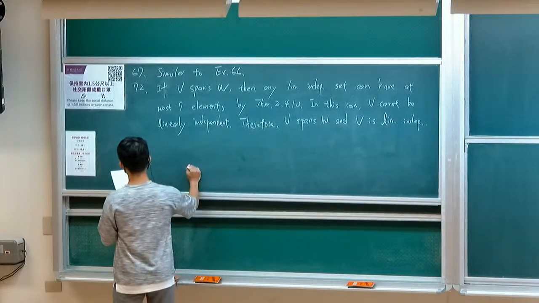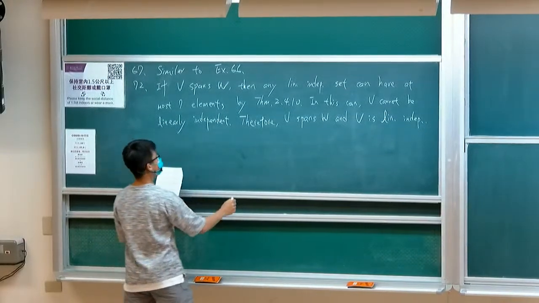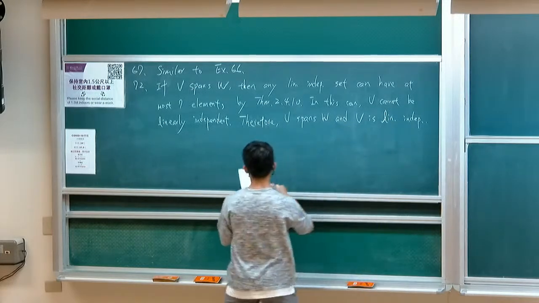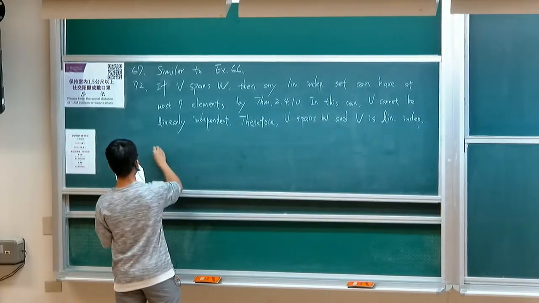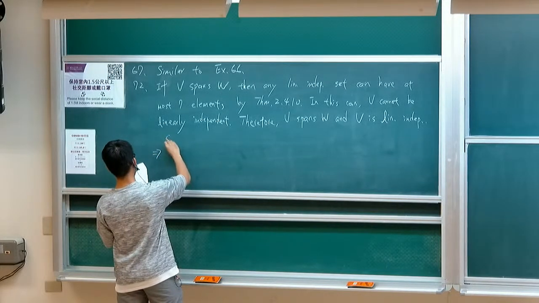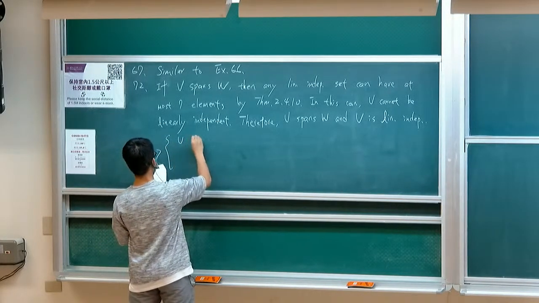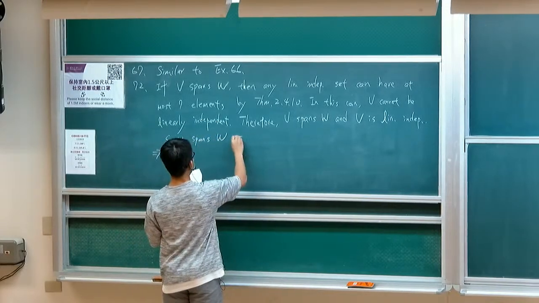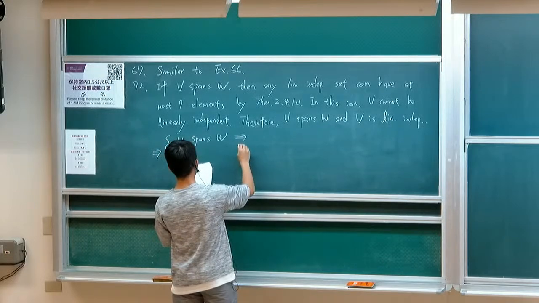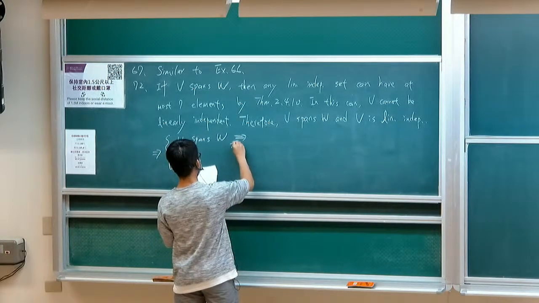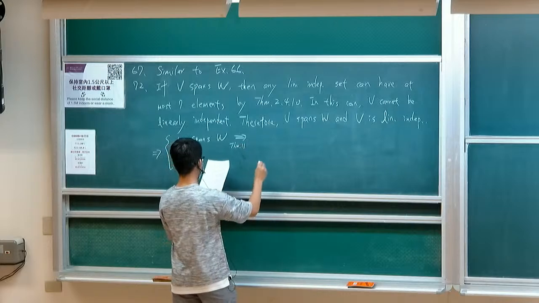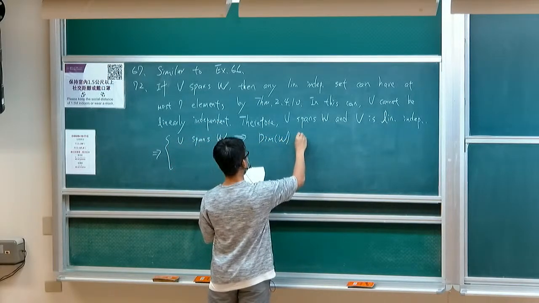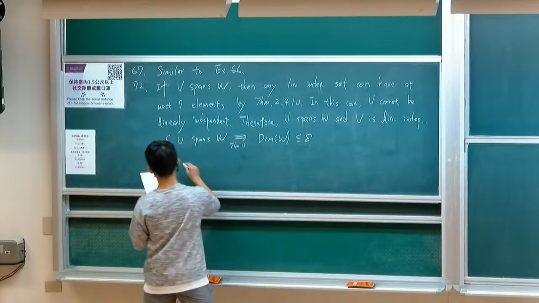Now we find the dimension of W. Since U spans W, by Theorem 5.2.11, the dimension of W is less than or equal to 8.